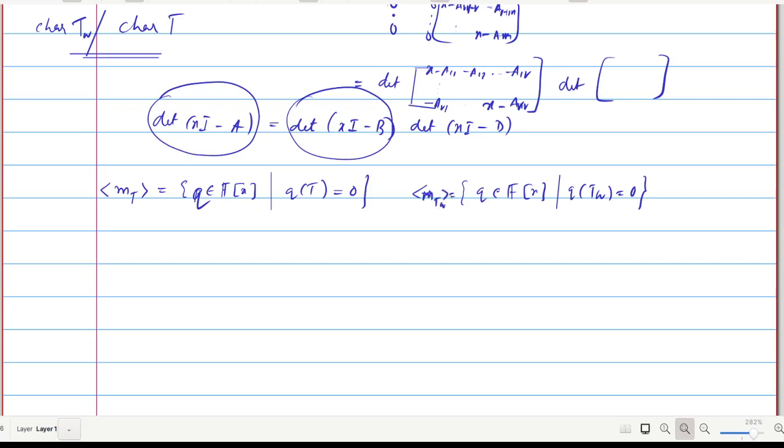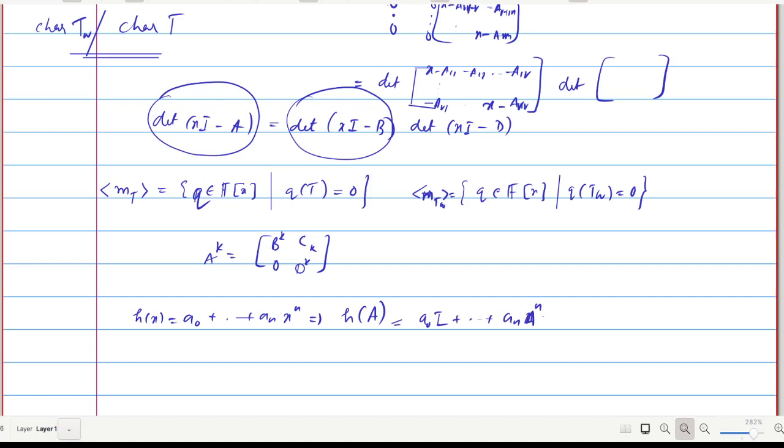We know that a raised to k is equal to b raised to k, ck, 0, d raised to k. So if you have any polynomial h of x, a naught plus etc. plus an x raised to n, what is h of a? h of a is equal to a naught I plus etc. plus an a raised to n.